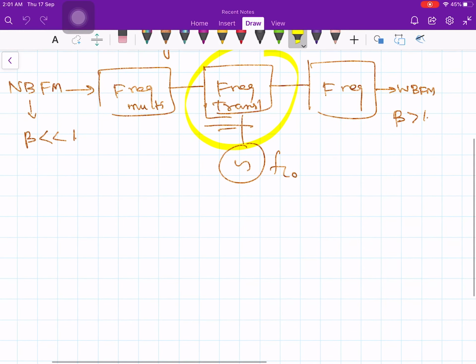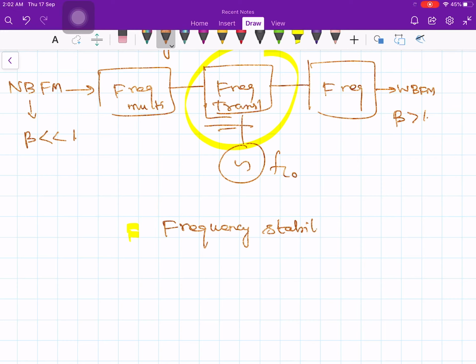The main advantage is frequency stability. This may look a little odd because we are talking about frequency modulation or phase modulation, which are naturally associated with the variation of instantaneous frequency.